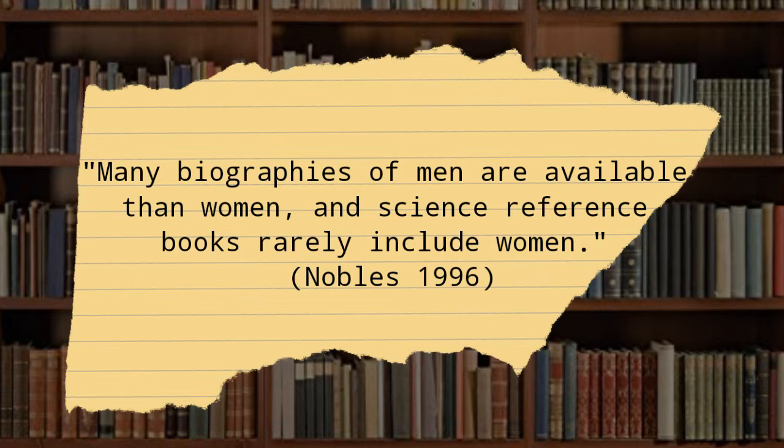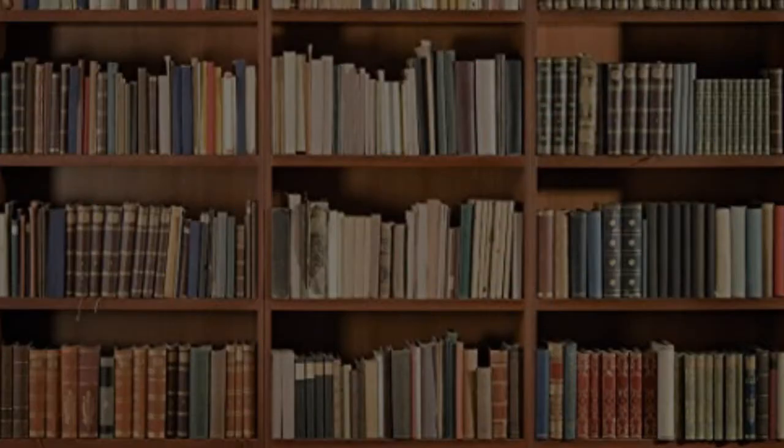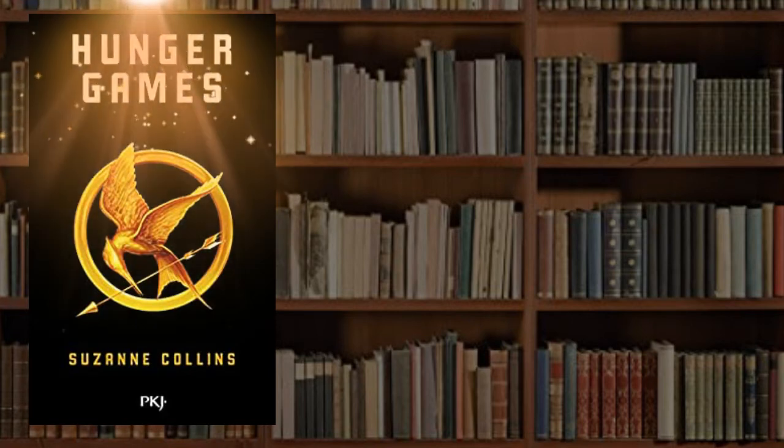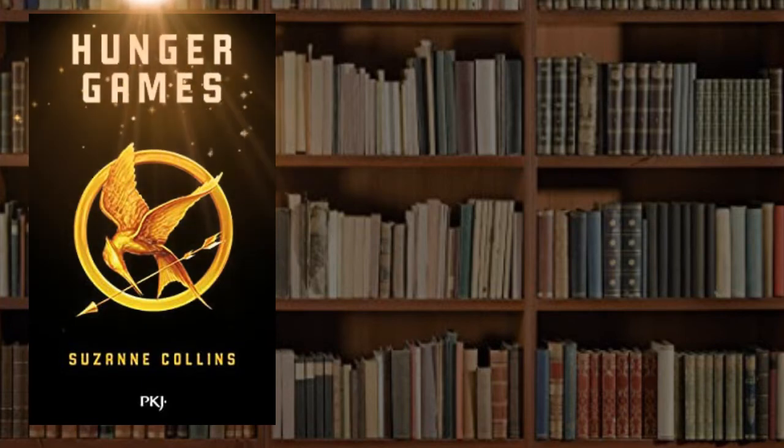Noble also noticed that in Asimov's Biographical Encyclopedia of Science and Technology, there are only 10 women scientists out of 1,195 scientists. But thankfully, now there is much young adult literature that depicts that women can be strong and can break the gender stereotypes associated with them, just like the story of Katniss in The Hunger Games, which depicts a society wherein male and female characters display a full range of characteristics and do not always conform to gender stereotypes.